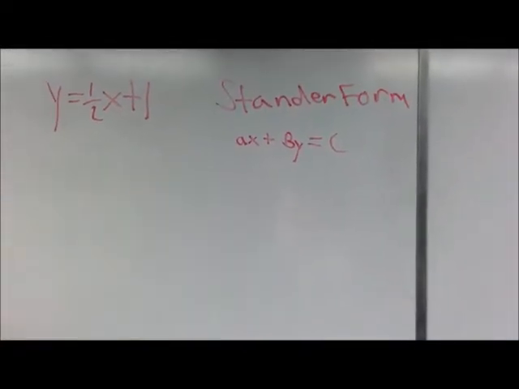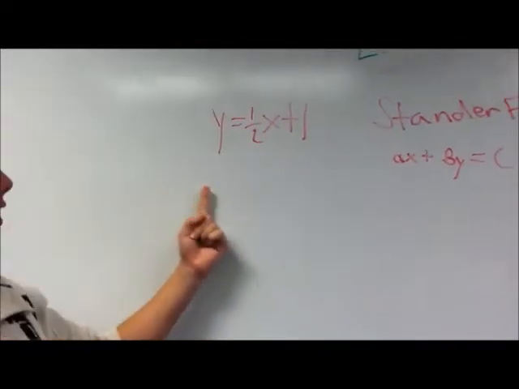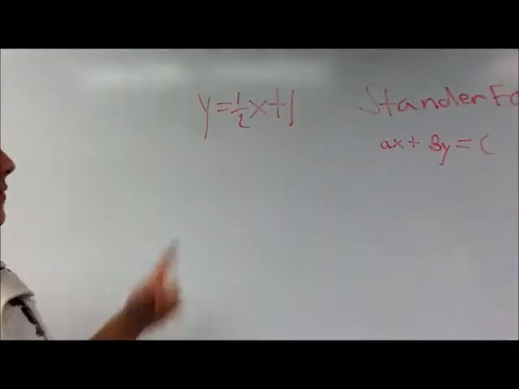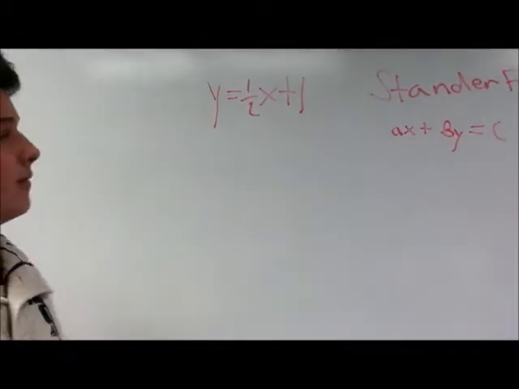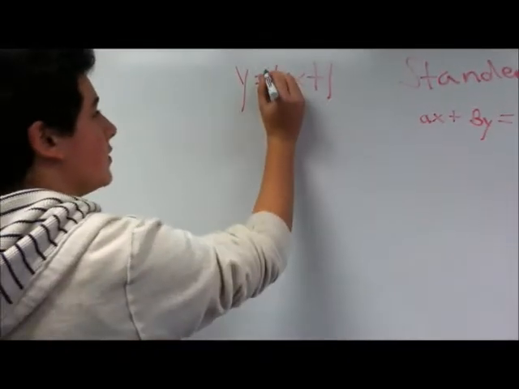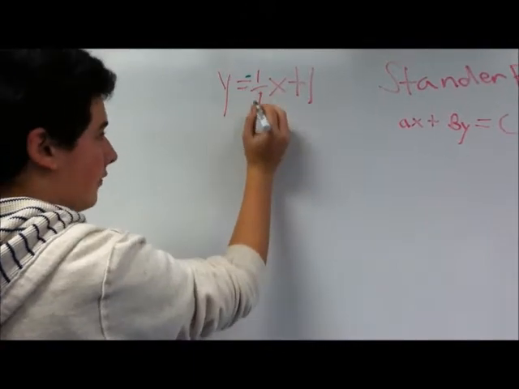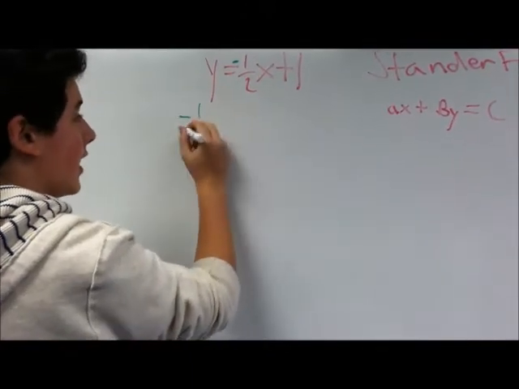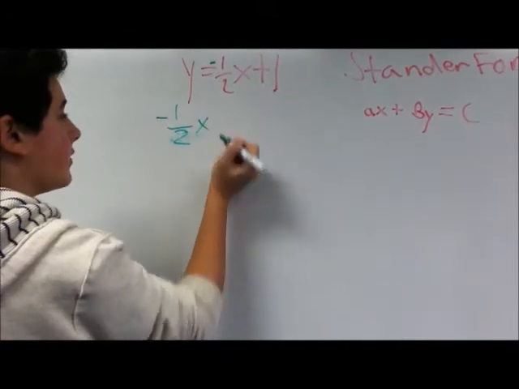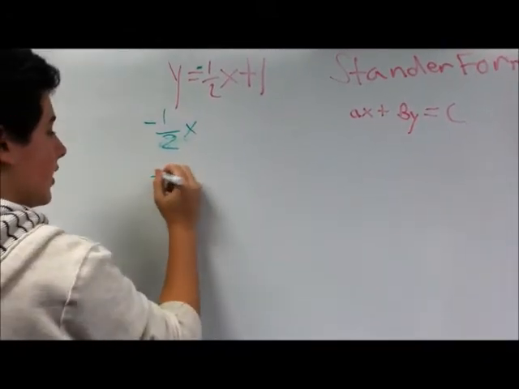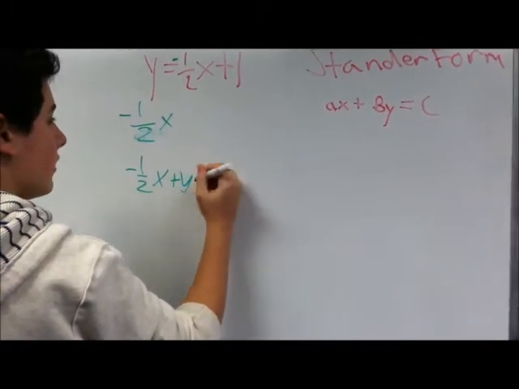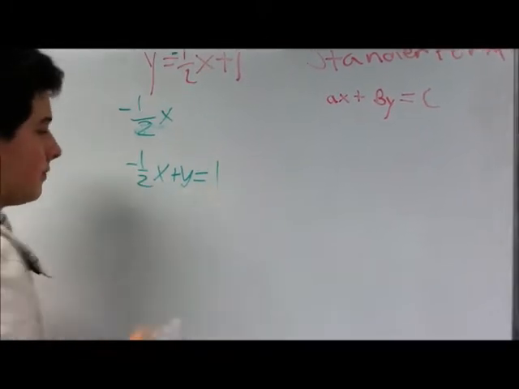For finding this form, you can take a simple equation like y equals mx plus b and plug it in to get this. For this, we've done our y equals mx plus b, and we'll solve it into standard form. So what you do is you subtract 1/2 x from all sides, to get negative 1/2 x plus y equals 1.